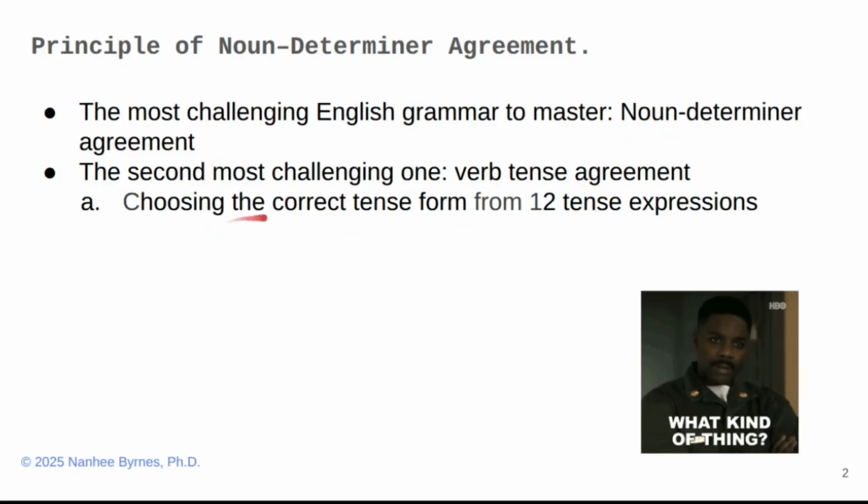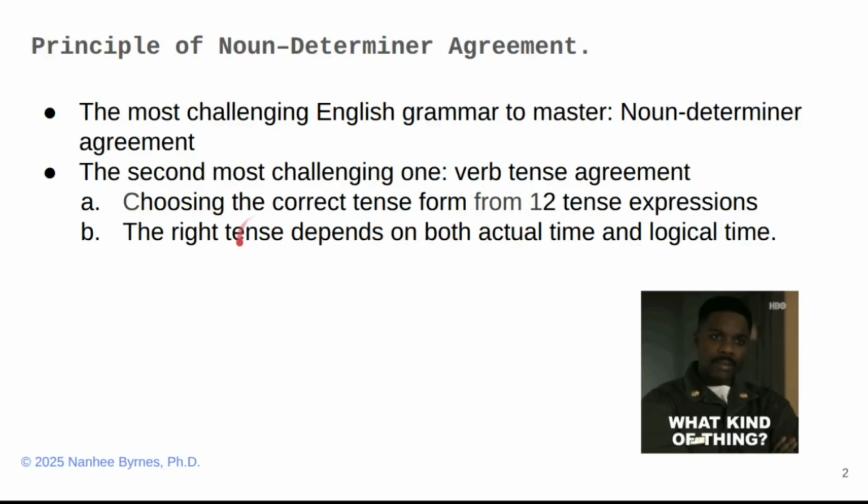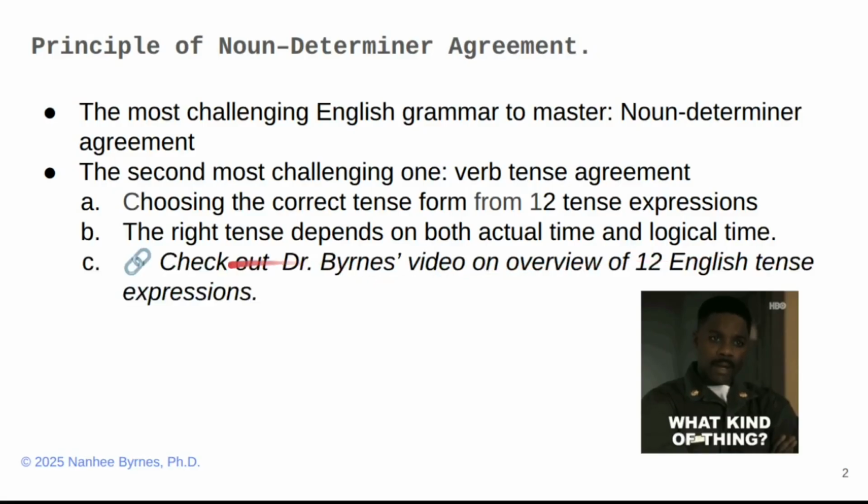You always have to check the tense. English has 12 tense expressions, and choosing the correct one depends not only on actual time, but also on logical time. If you'd like a full overview of that, make sure to check Dr. Burns' lecture video on English tense logic. But today, our focus is on the other major challenge, nouns.